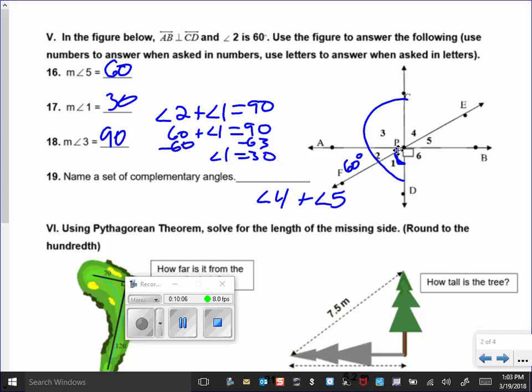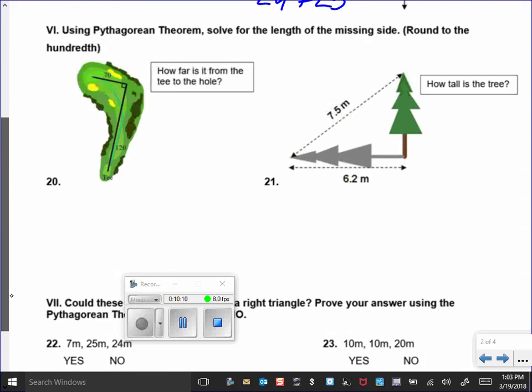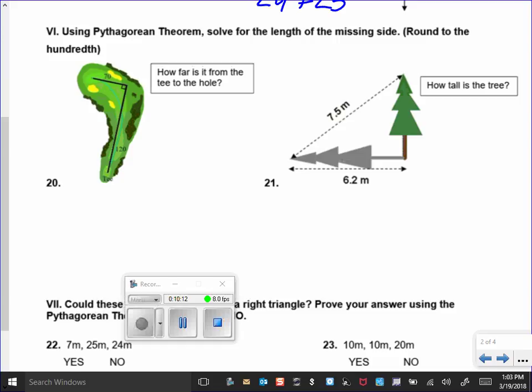All right, now we're done with our angles. We're going to scroll down, and this is our Pythagorean theorem section of the homework. So here you're just going to use a squared plus b squared equals c squared. The most important part of this is figuring out what your c is.